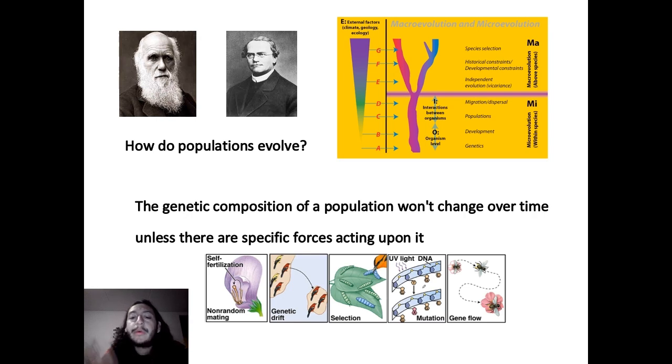Then we know which are the specific forces that are going to act over these populations over time and are going to lead to change, are going to lead to evolution, and then we can actually quantify them as deviations from Hardy-Weinberg equilibrium. So this is, again, the importance of how we can develop a whole field out of a known model, and how we can actually quantify what is going on in population genetics.